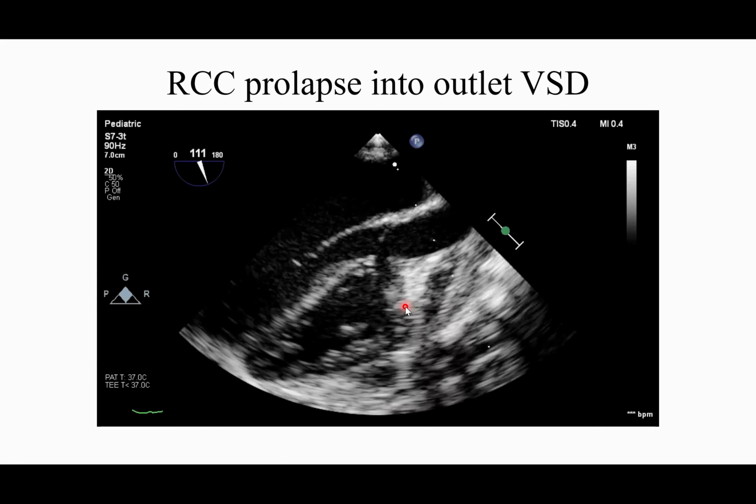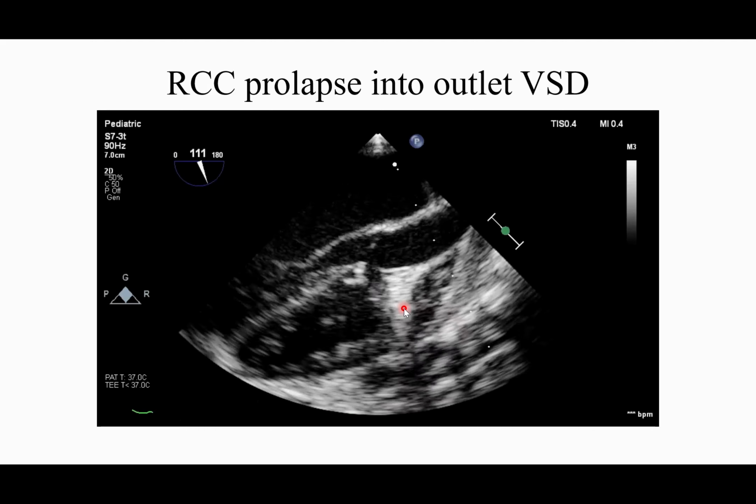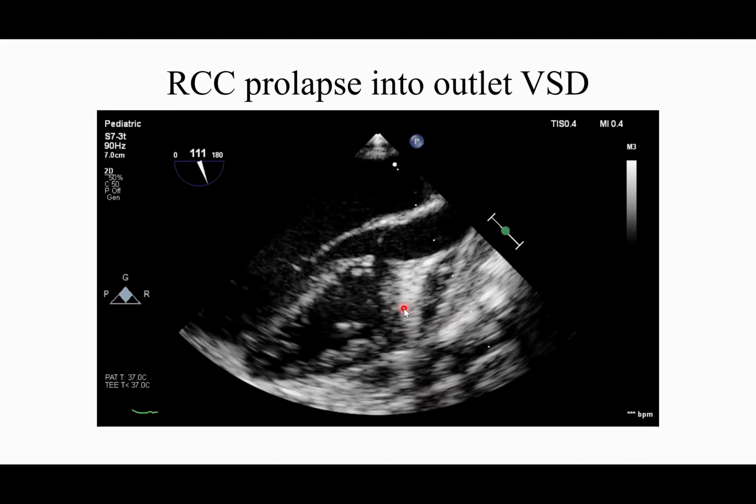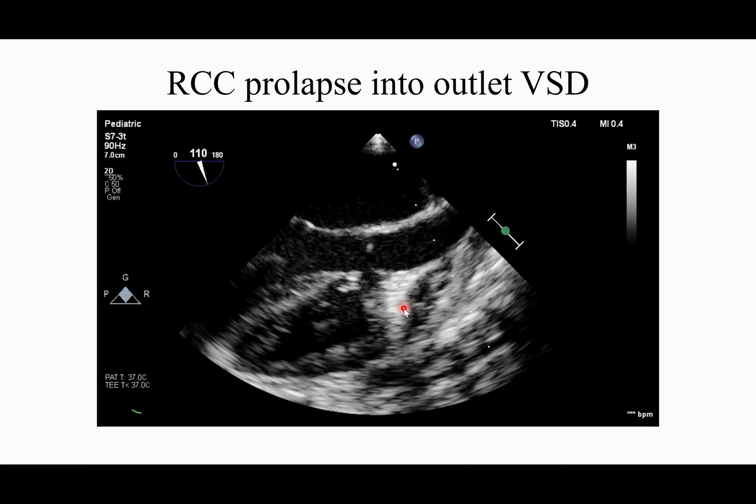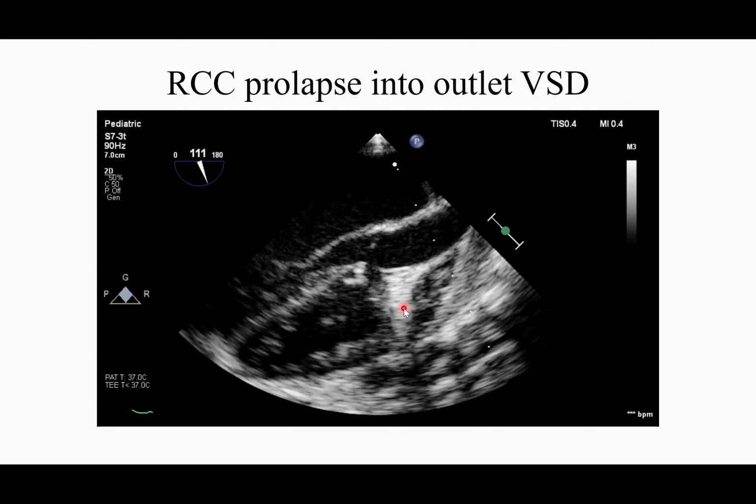So this prolapse narrows the VSD more, causing a decrease in the symptoms of the left-right shunting. So the patient may improve from this condition, but aortic regurg may develop.